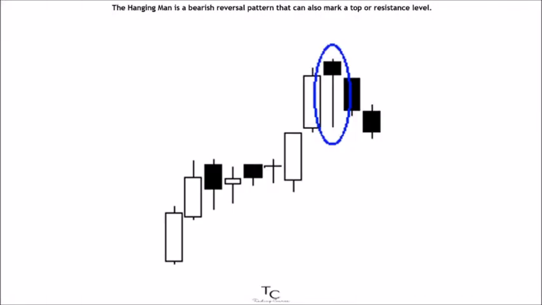The hanging man is a bearish reversal pattern that can also mark a top or resistance level. Forming after an advance, a hanging man signals that selling pressure is starting to increase. The low of the long lower shadow confirms that sellers pushed prices lower during the session.